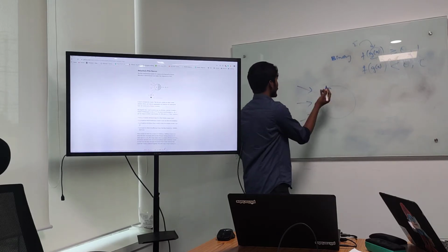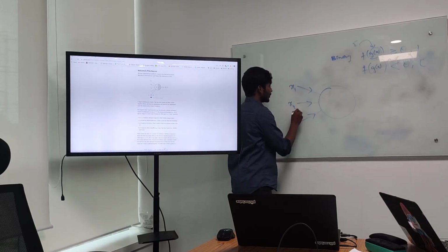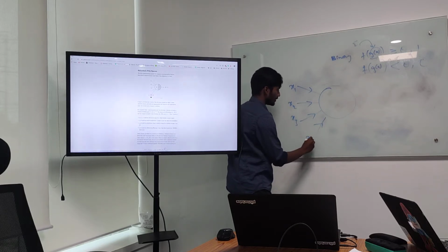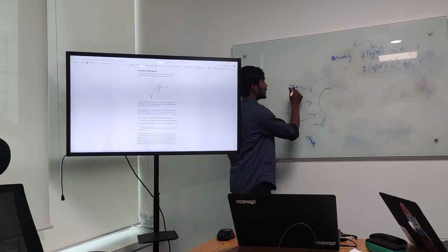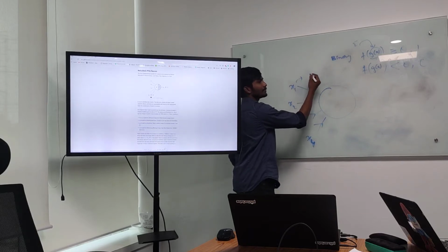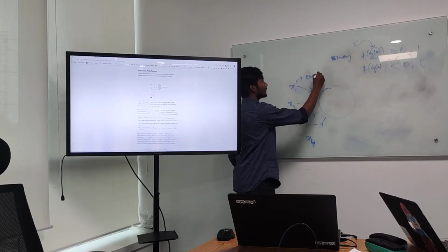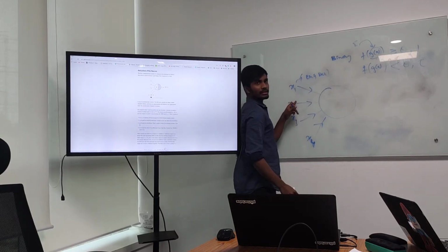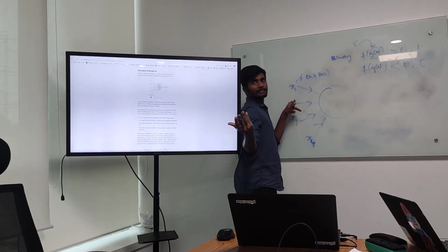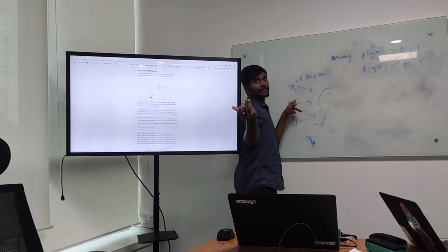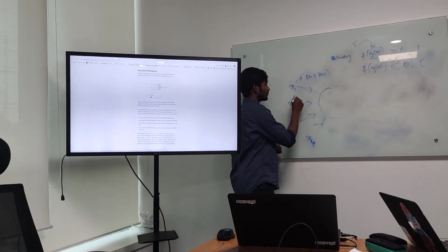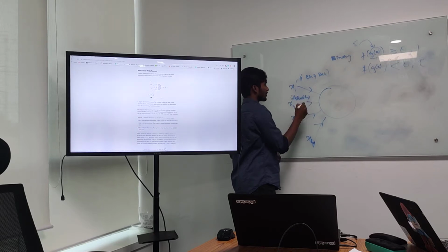Say x1, x2, x3 are his inputs, and x4 also. So x1 is whether it's a match between Real Madrid and Barcelona, El Clasico. x2 is some other variable he wants to look at, say whether it's a friendly match or not.